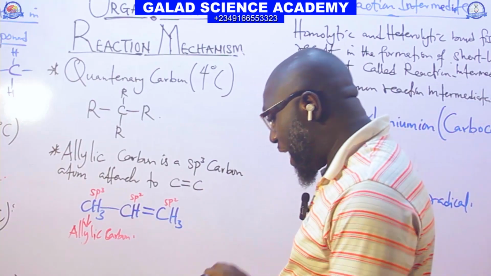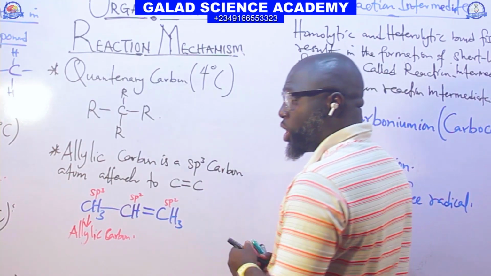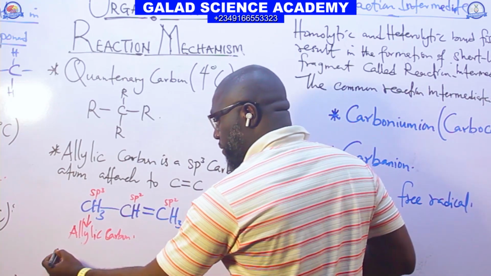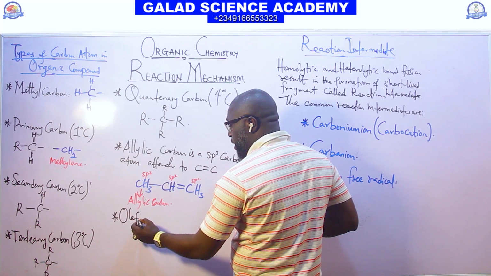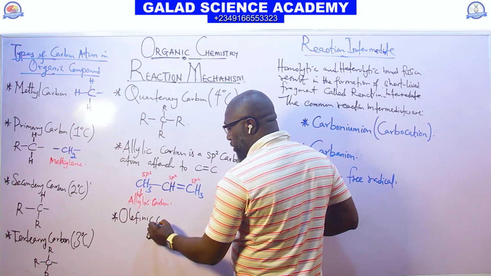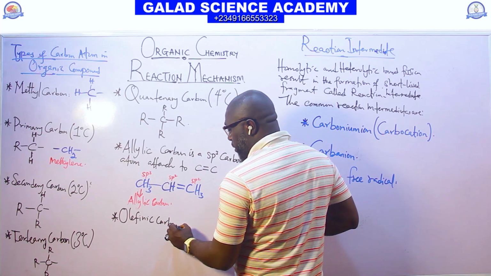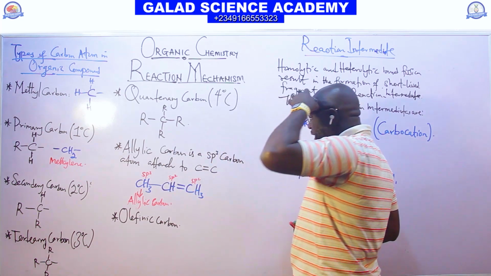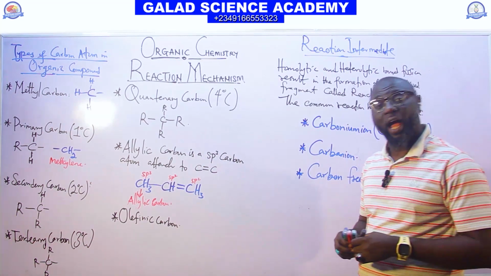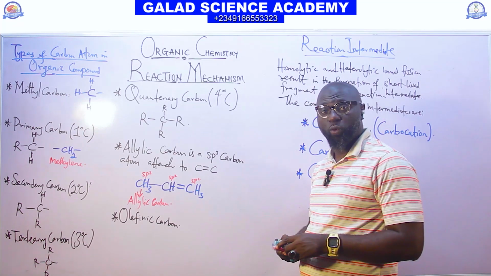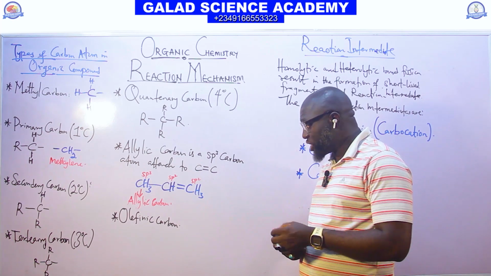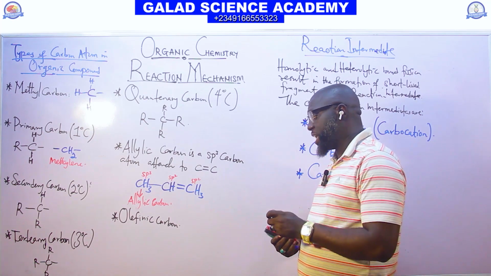So any carbon atom that attaches itself to the carbon double bond is called an allylic carbon. And the next one is olefinic carbon. What is olefinic carbon? It is a carbon in a carbon double bond in an organic compound, and their hybridization is sp2.